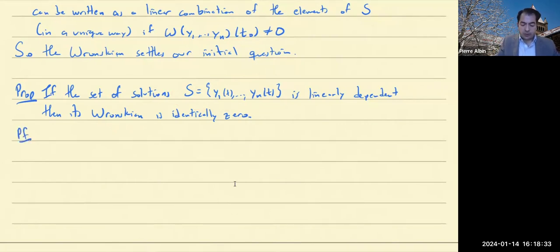Okay, so the proof is very easy as long as you remember properties of the determinant of matrices.